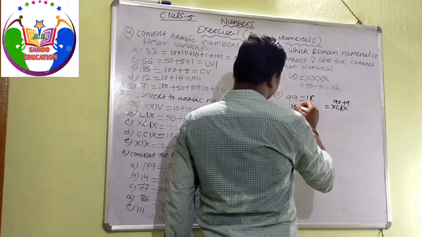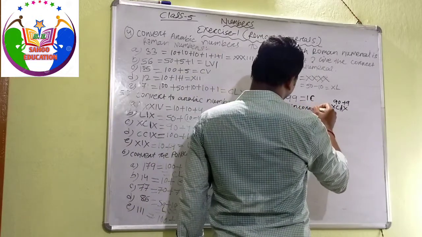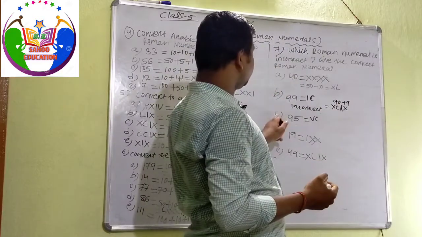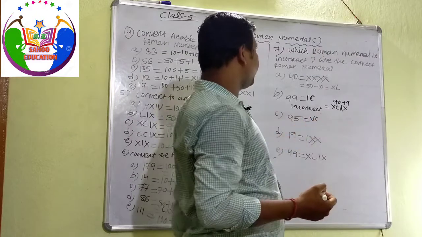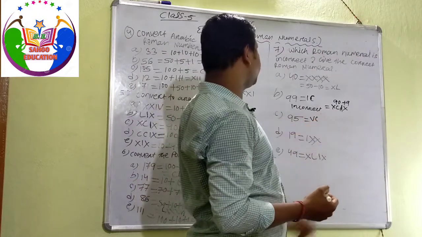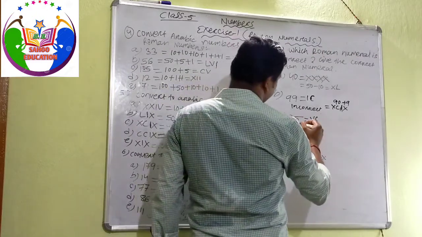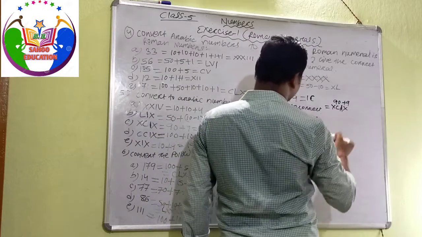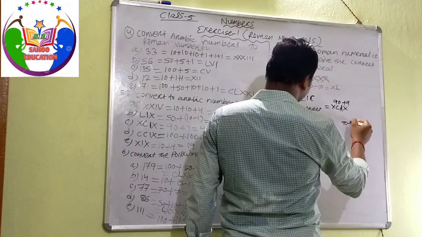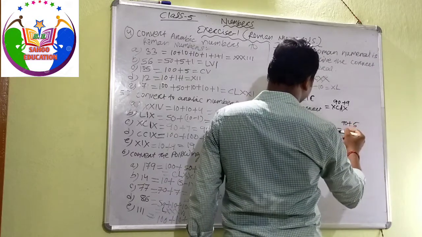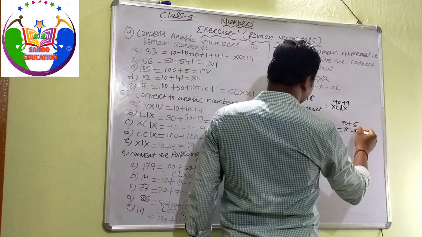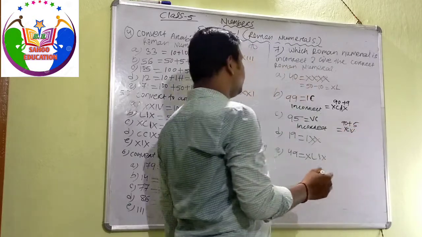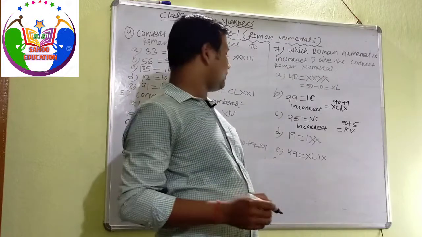So it's incorrect. Now we will discuss option C, that is 95. This is written VC, but I will say here it is incorrect. We write 95 as 90 plus 5. 90 can be written as XC plus 5 is V. Okay, XCV is for 95.